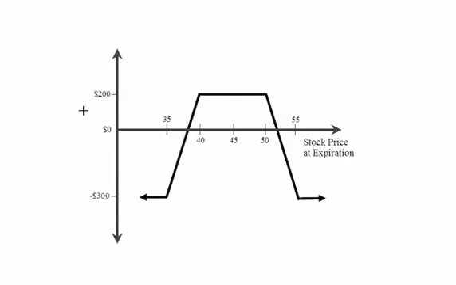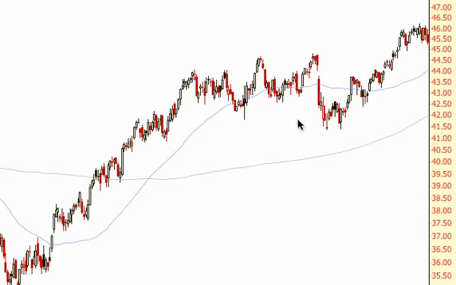So let's take a look at a chart and see what this might look like in a current market environment. Here we have a chart of just a general stock that we picked out, no particular time, no symbol, and you can see that the stock is trading right around $45 just like our previous example. If we wanted to bracket this market, we could trade an option down here at 40 and create one half of the Iron Condor, and then create the other half way up at 50.